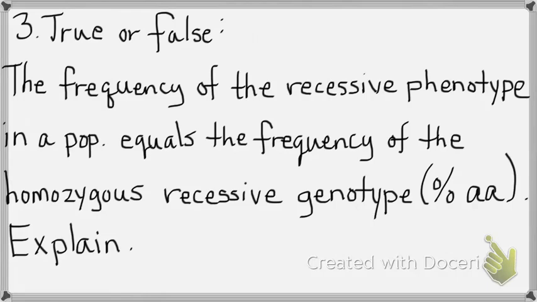If I count how many people in this room are recessive, isn't that the percent homozygous recessive? Sure it is. That's true. And that's what we call Q squared. How many individuals in the population are recessive? That's Q squared. Number 3 is true.